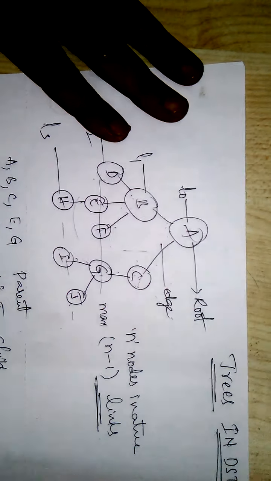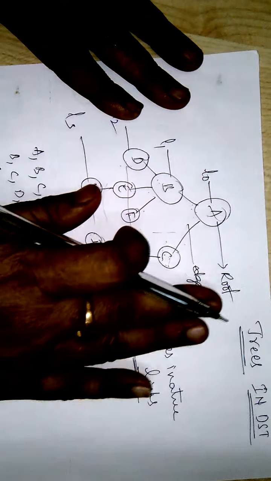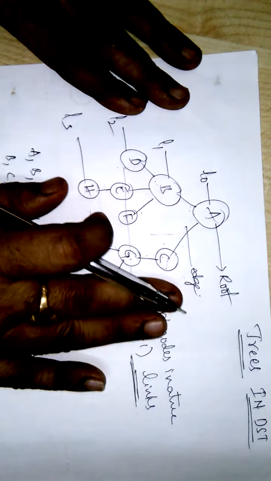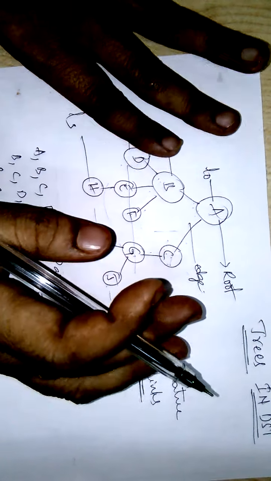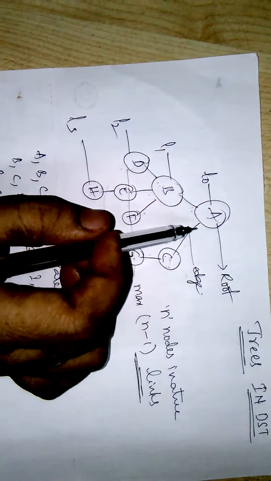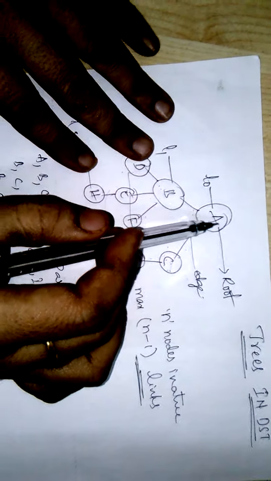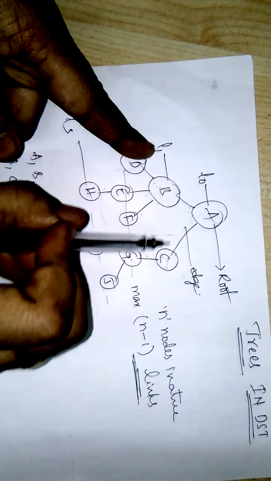So in data structures, a tree is called a non-linear data structure where data is organized in a hierarchical format. Elements are organized in a random order. Each element is represented as a node and the nodes are linked by links.